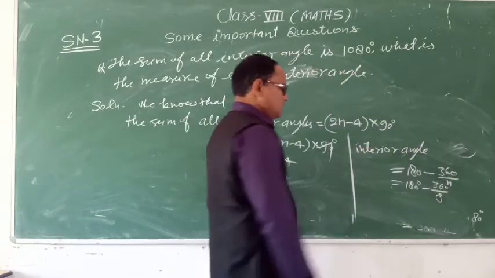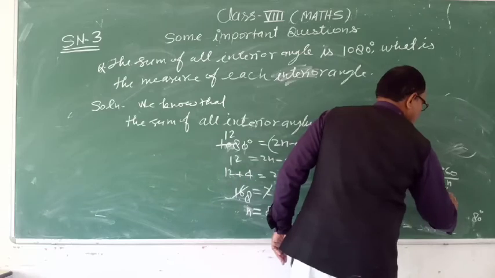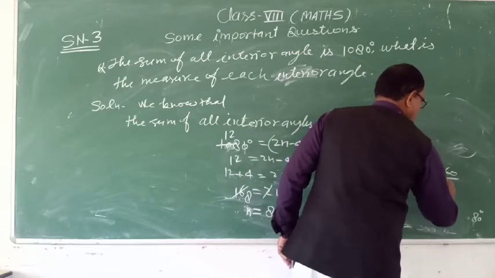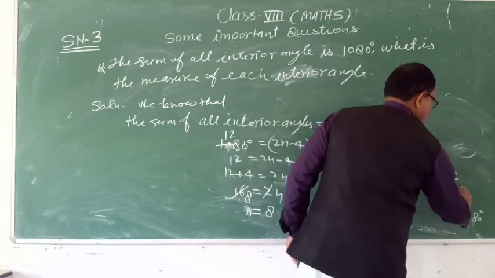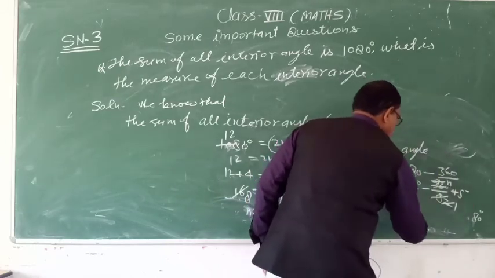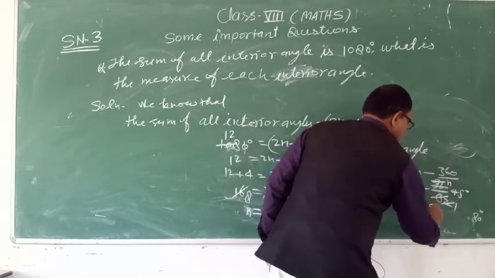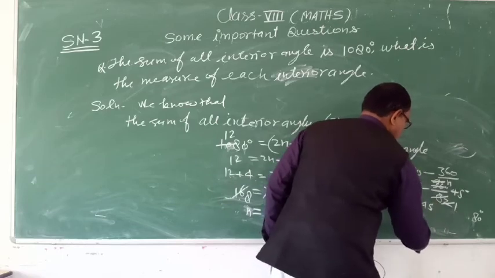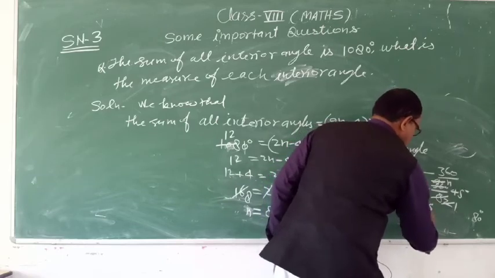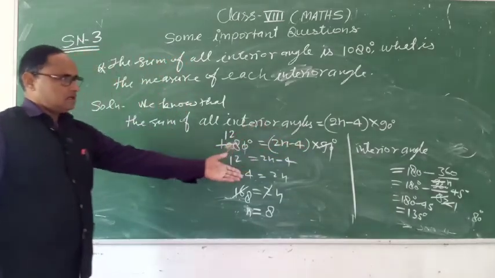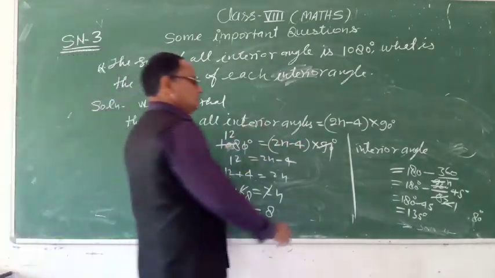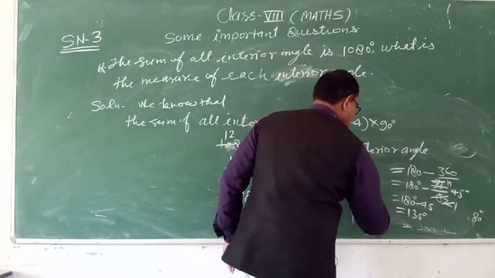Okay, here 4 times 2 is 8, 4 times 9 is 36, 45. 180 degrees minus 45, we get 135.